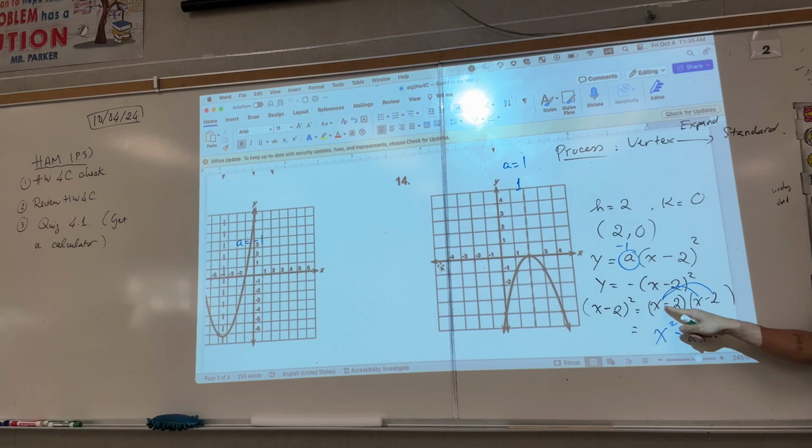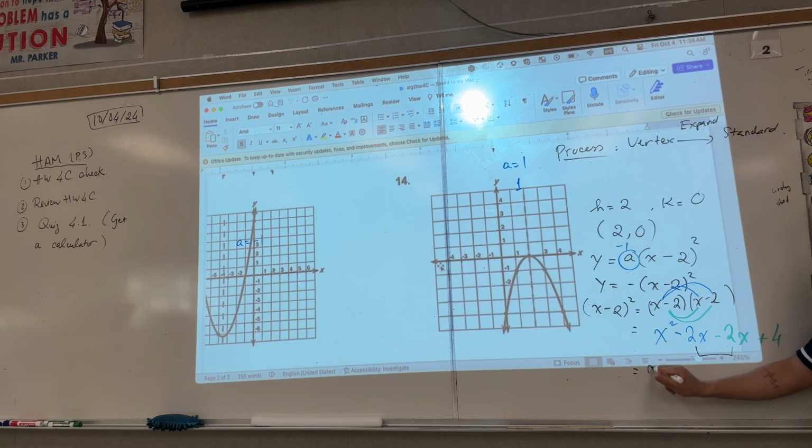Remember the sign goes together, okay? Not just 2, but -2. -2 times x is -2x. -2 times -2 is +4. Now you're gonna combine those terms, don't leave it like this. So you're gonna have x squared - 4x + 4.